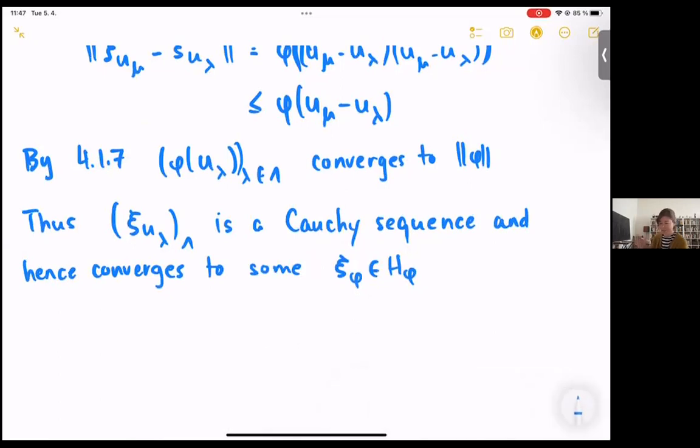We don't actually know what it is necessarily yet. Okay, so now let a be in A, we want to show that this is a cyclic vector for our representation.